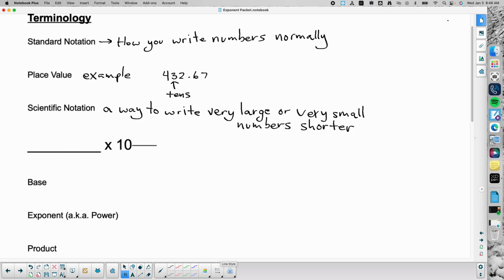So this would be an example of scientific notation, is you have single digits with or without. Have you guys seen the W/O? Okay.